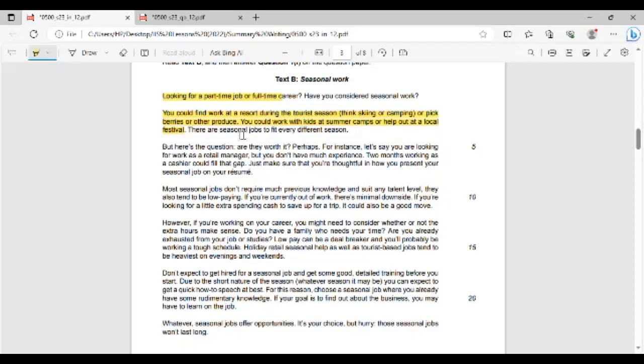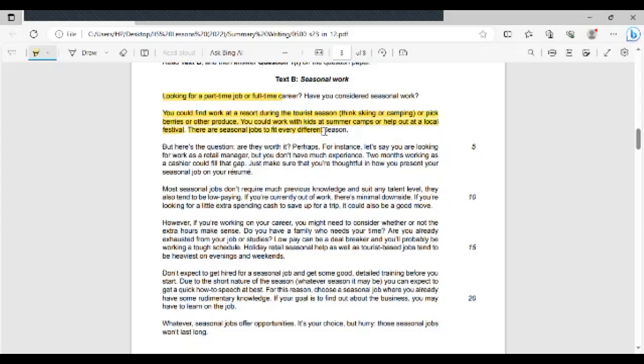So depending on your availability, in your own vacation season, there's always a job that you can do in that season, depending on your schedule. All right, so that is also another point. So you see that in all, I have been able to identify 3 points already.